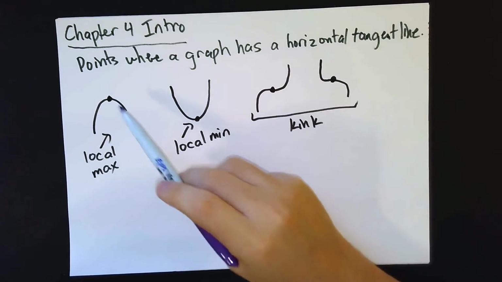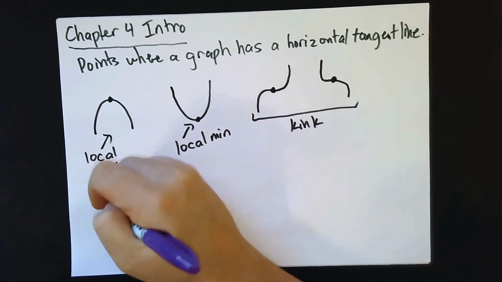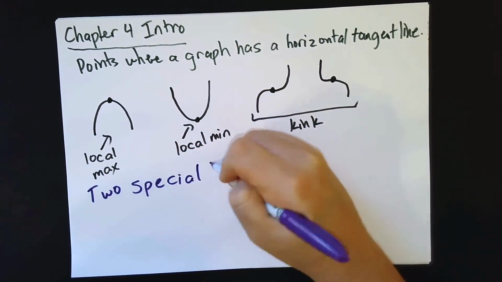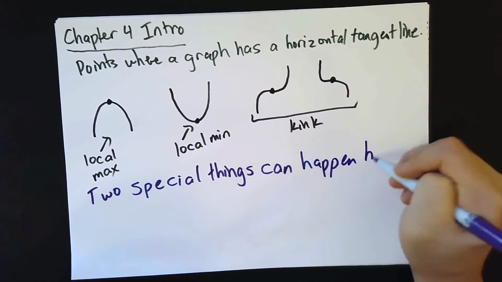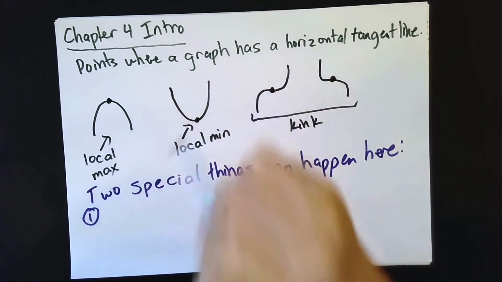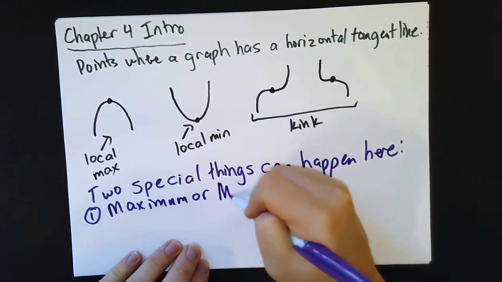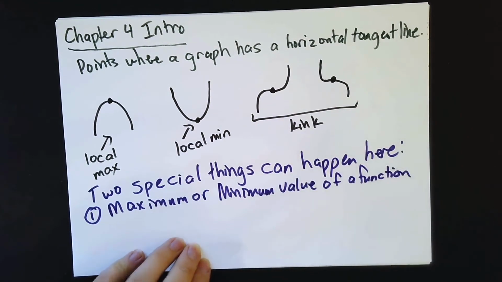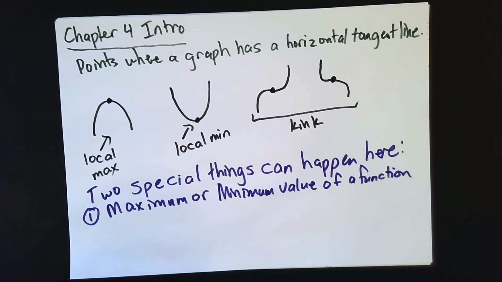So, really this chapter is about 2 special things that can happen at these points. The first special thing that can happen is that you can find the maximum or minimum value of a function. And when we talk about section 4.1, that's exactly what we're going to be doing.